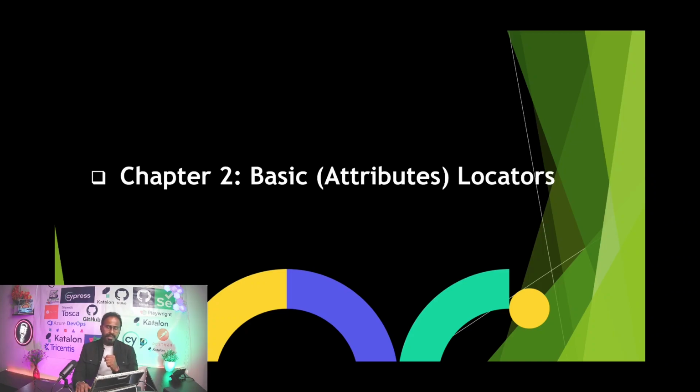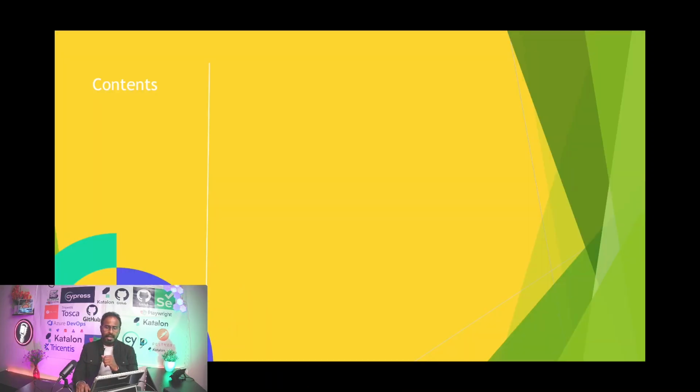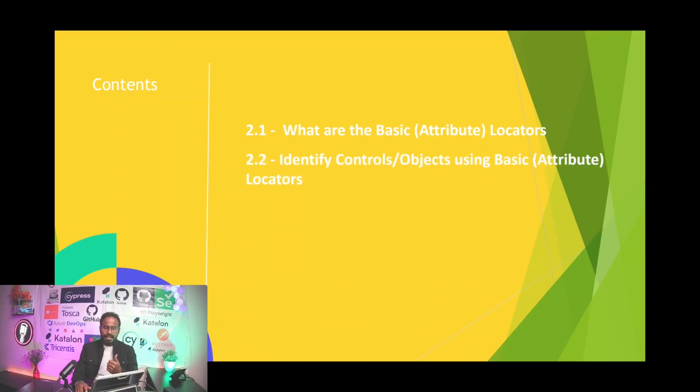And then in chapter 2, I'm going to talk about the basic attribute locators. As part of this chapter, let us first understand what are the basic attribute locators, and then how you can identify the controls or objects using this basic attribute locators method.